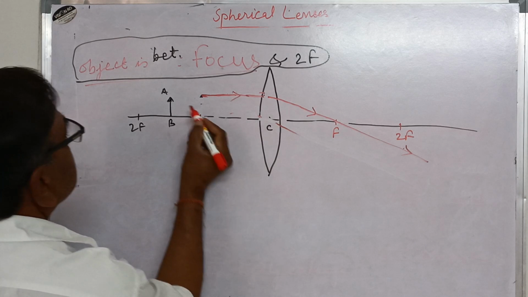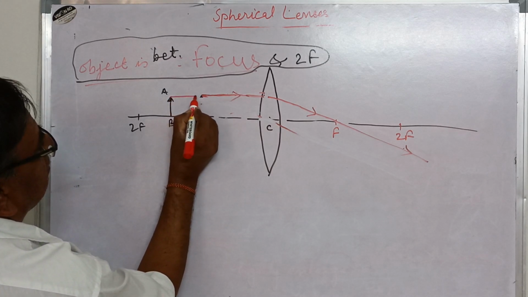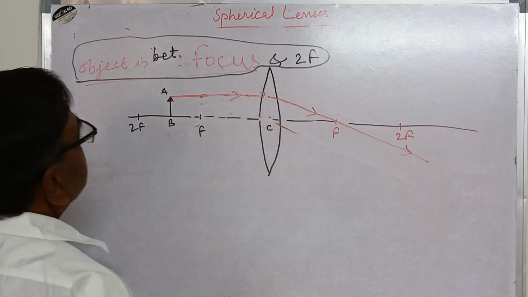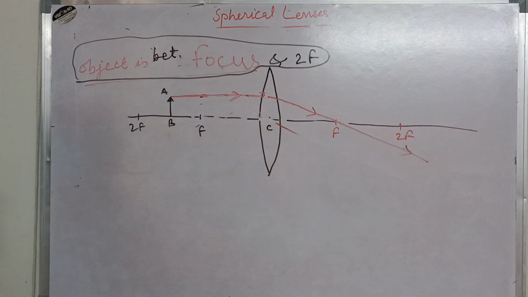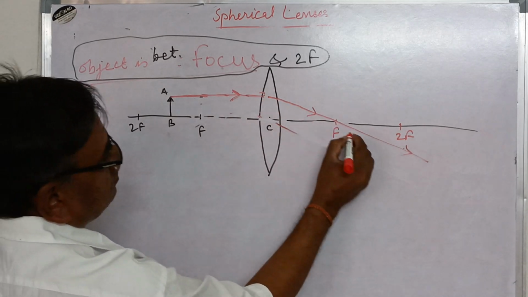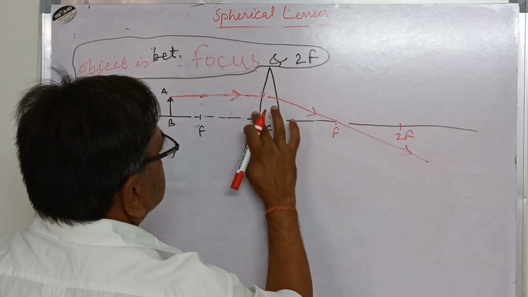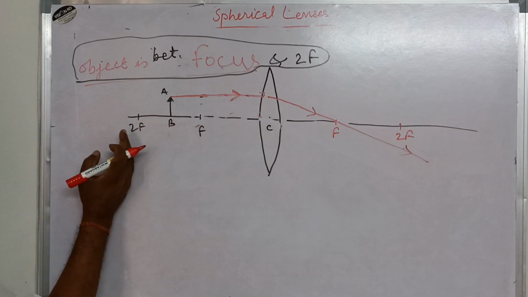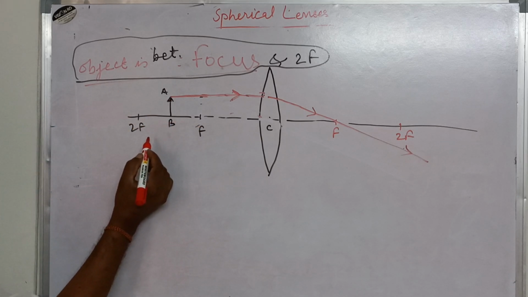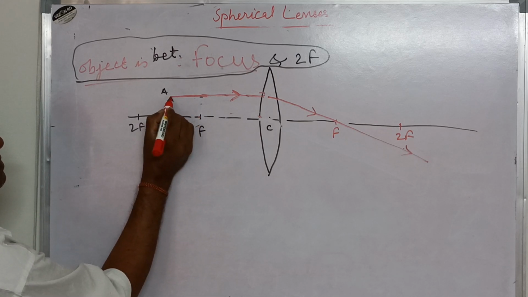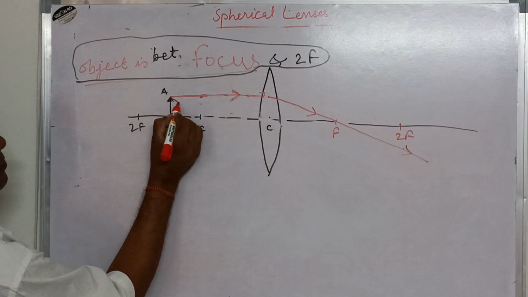Now, the first ray, take this ray. This is parallel to principal axis. So this will, after refraction, pass through focus. Now the object has shifted here. Now take second ray, which is from this point, passes from the focus.